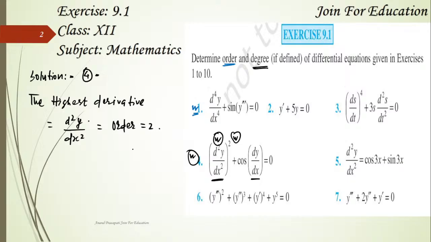And we write down this is not a polynomial in its derivative. Therefore, this is not defined for degree.